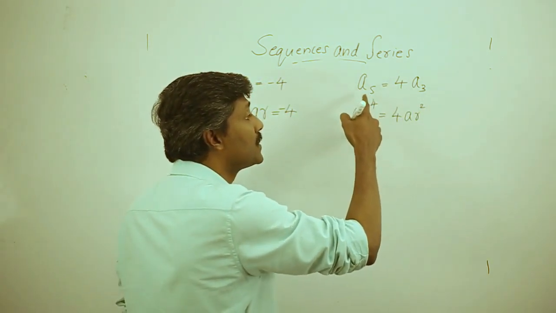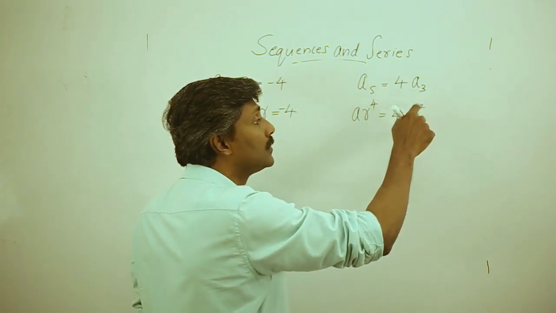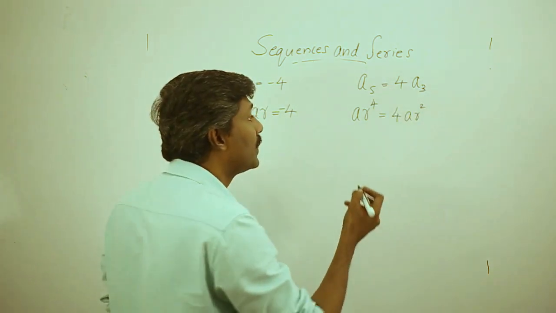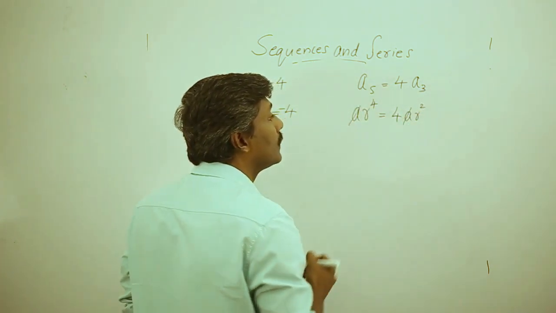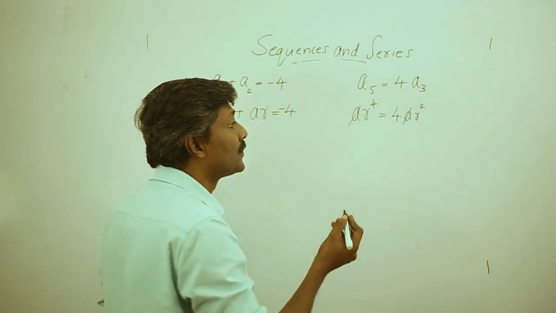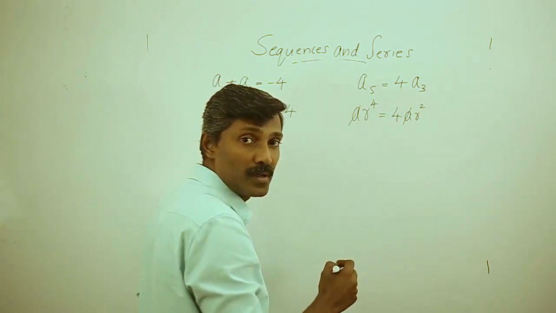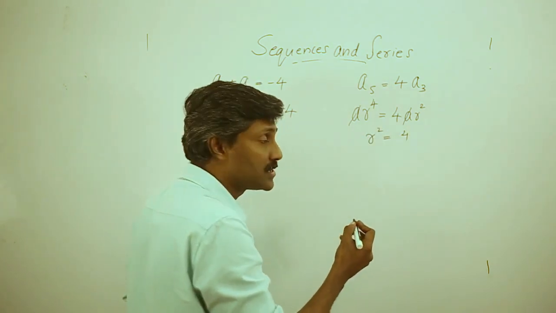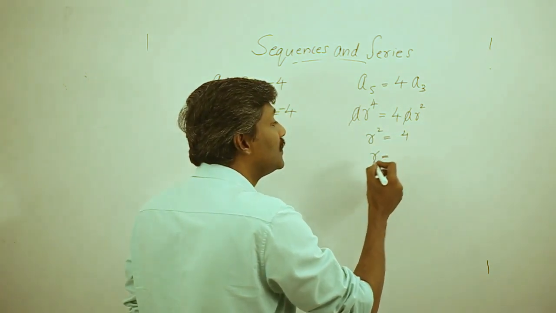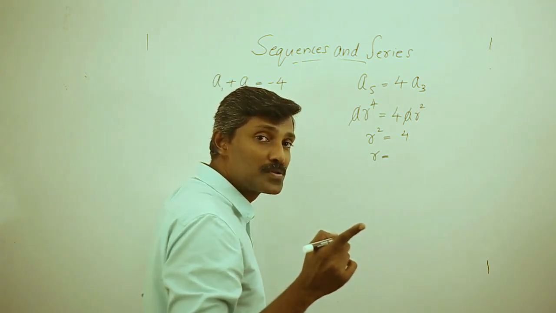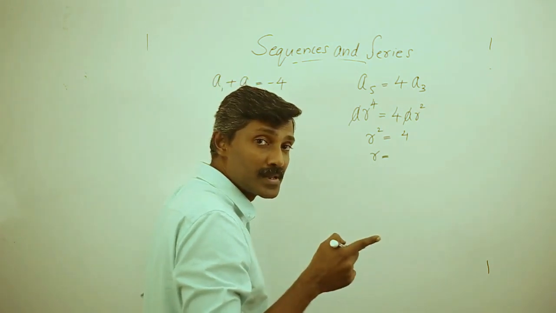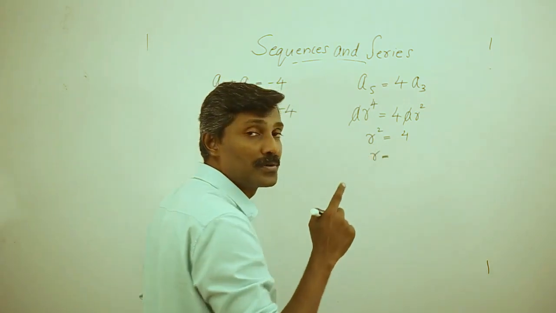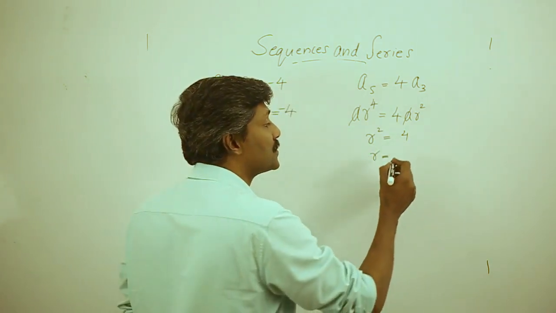Clear? Fifth term is AR raised to 4 and third term is AR squared. We can divide A by A, it gets cancelled. R raised to 4 by R squared is R squared. So R squared is equal to 4, which means you should take both the values of plus and minus. Square root of 4, you should take plus 2 as well as minus 2.